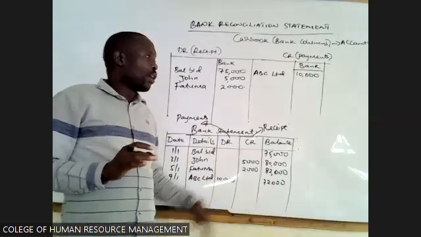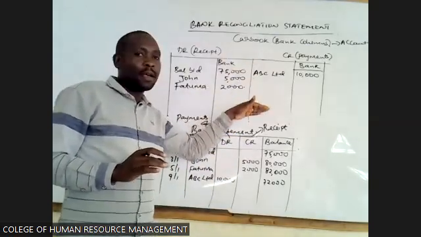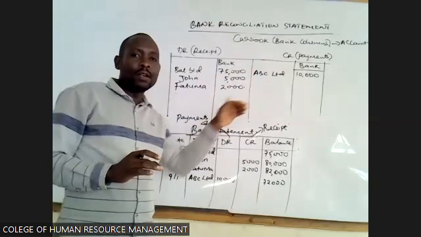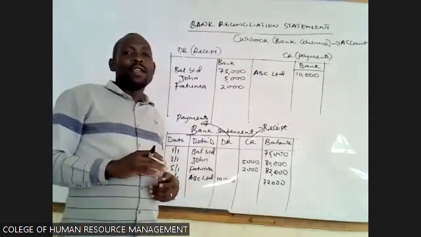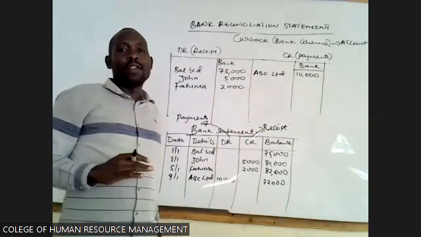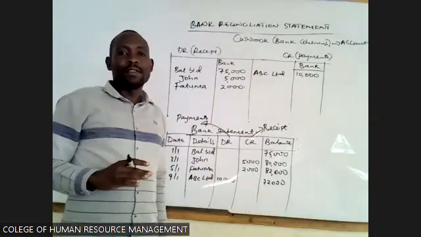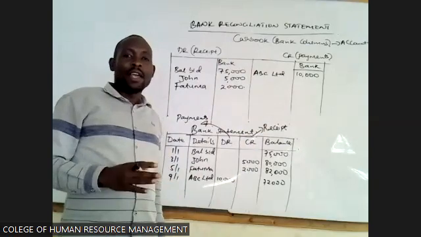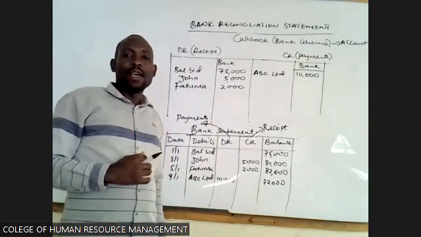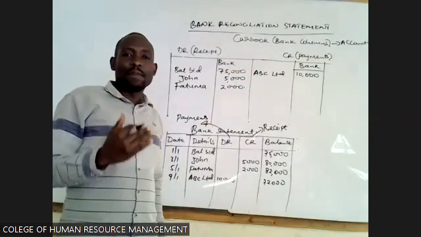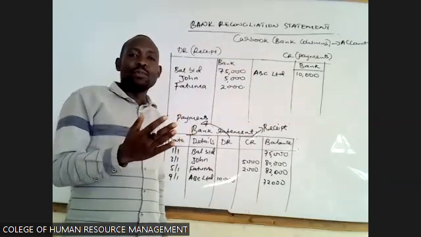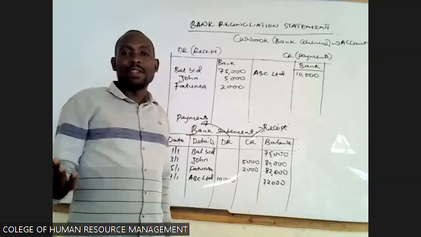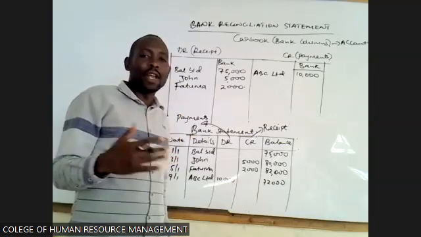You will find that the accountant has prepared the cash book maybe for the month of January. At the end of the month of January, the accountant will go and request the bank to print the bank statement for January, and then a comparison will be made. The moment the comparison has been made, it is going to be identified that either the cash book balance is more than the bank statement or the bank statement is more than the cash book.